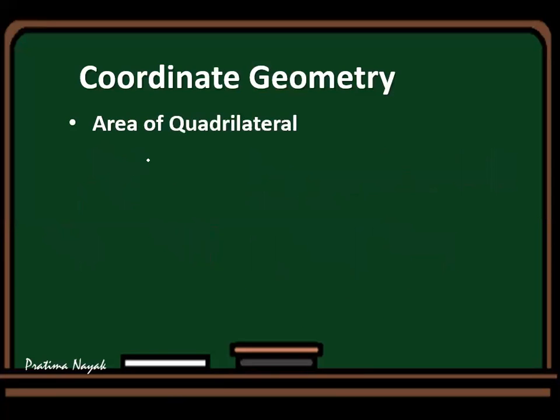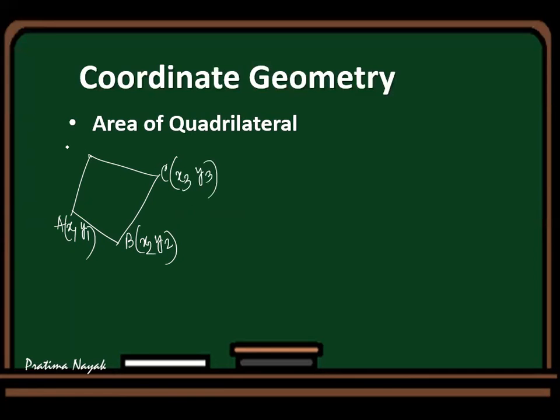So next is area of quadrilateral. Area of quadrilateral we can find by making it into two triangles. In exercise 10.1, you will find the first question is area of the quadrilateral. No problem, you can make it into two triangles.